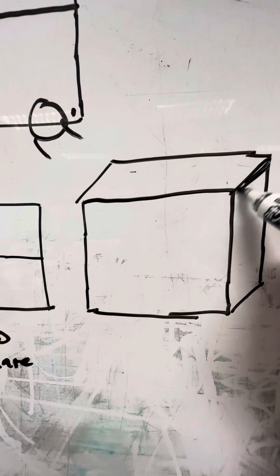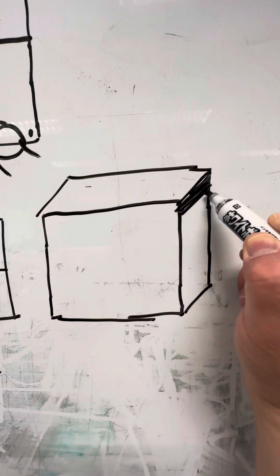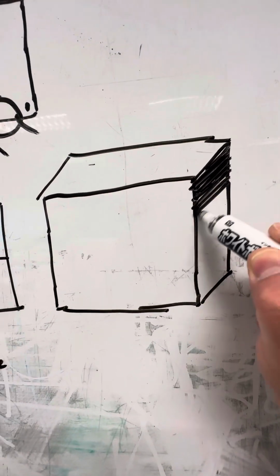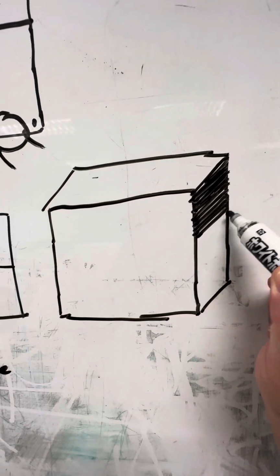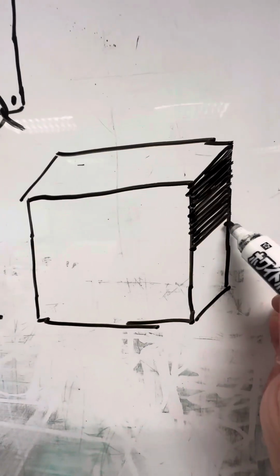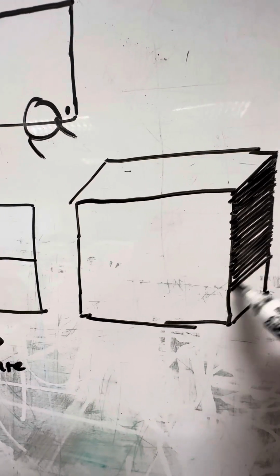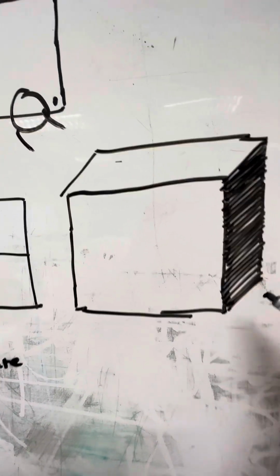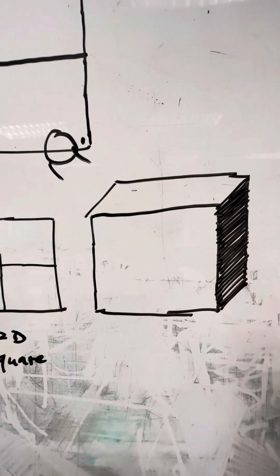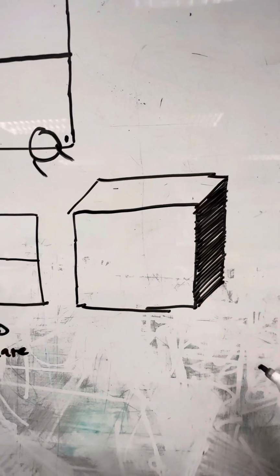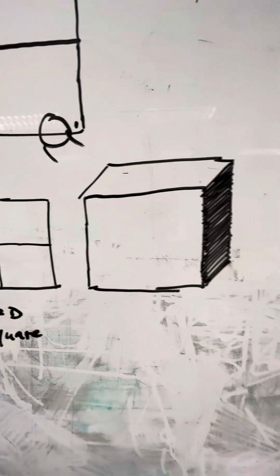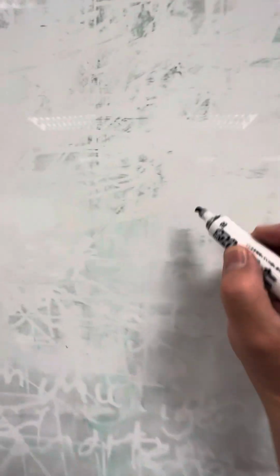When you shade, you want to go according to the direction of the line. In this case it's kind of like this diagonal thing, right? And there you go, making it even more three-dimensional. All right, moving on to the next shape.